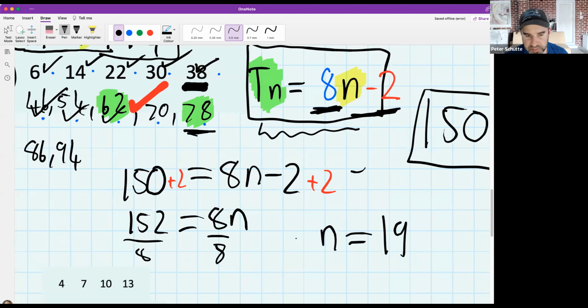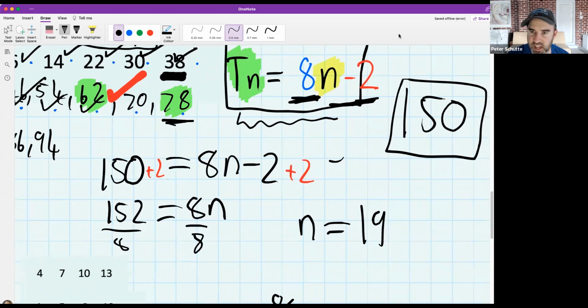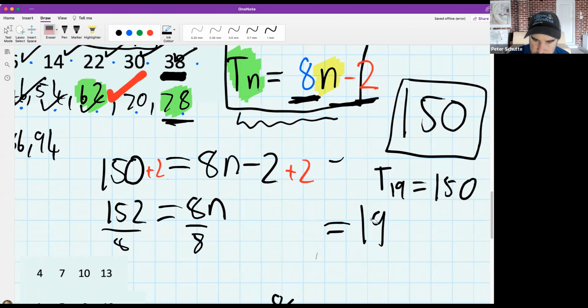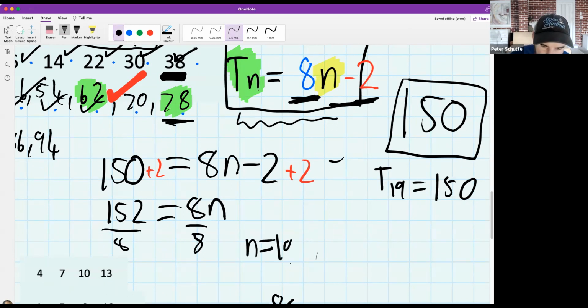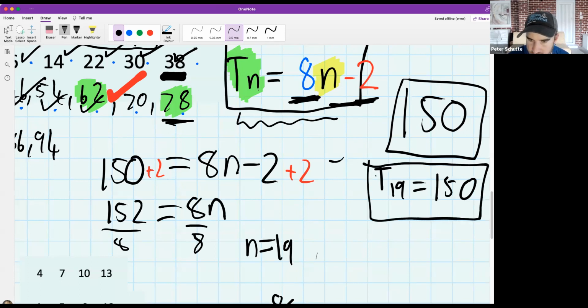What that means is that in proper sequence notation, we can say T19 equals 150. Take a moment to think about that, because it looks a bit confusing when you first see it. Ask yourself, do you understand what I mean? The 19th term, that's why it's called T19, is equal to 150.